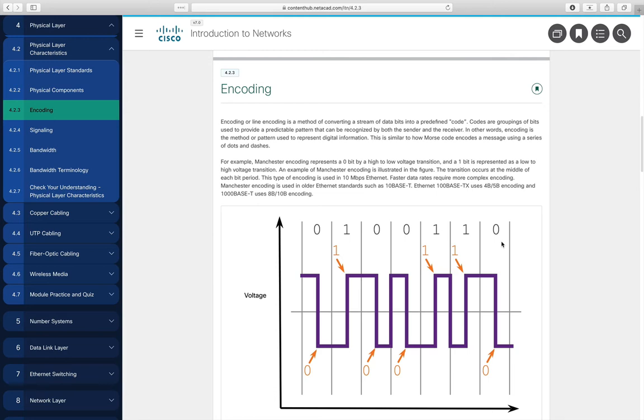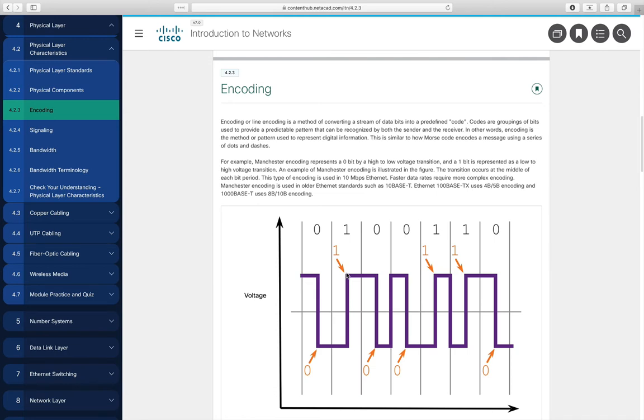So within those bit times, we have transitions either from a high voltage to a low voltage or a low voltage to a high voltage. What they're trying to show us here is that in the middle of the bit time, we have a transition from a high voltage to a low voltage. That's how we represent a 0. We represent a 1 by going from a low to a high value.